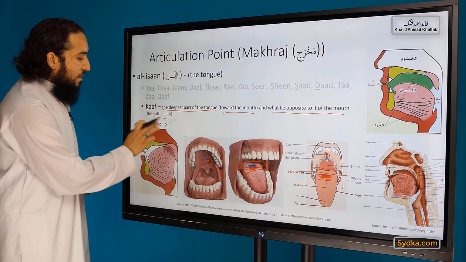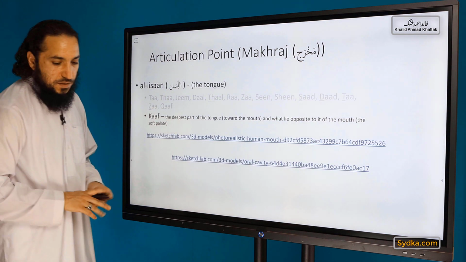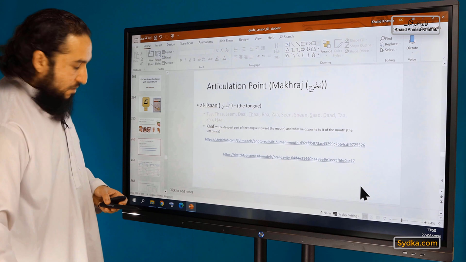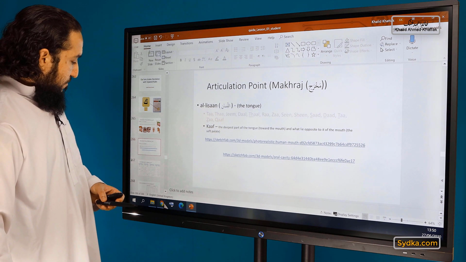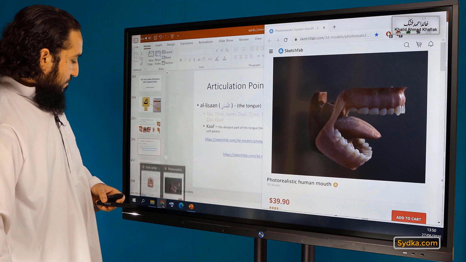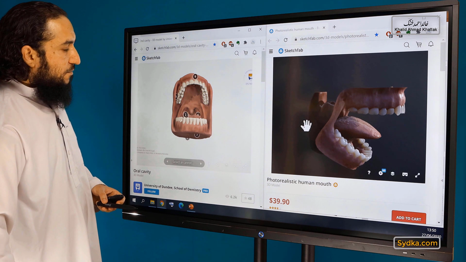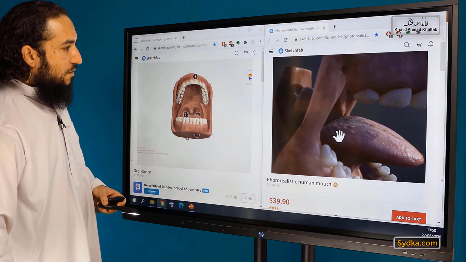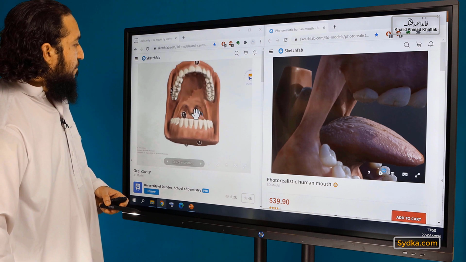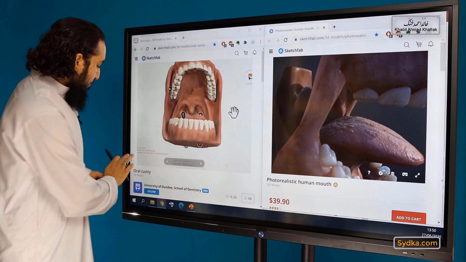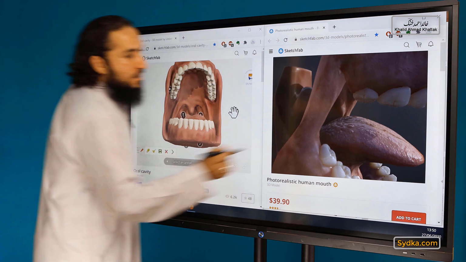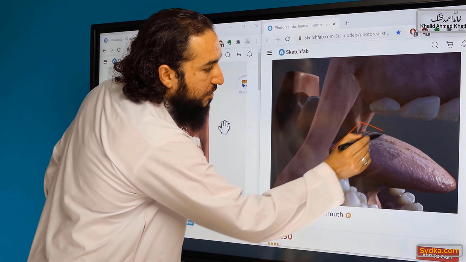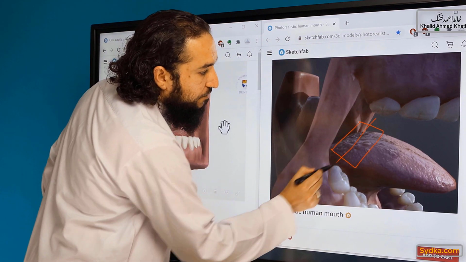Okay, let me go to the 3D model and explain it there. See, here's the tongue. So we have the deepest part of the tongue.